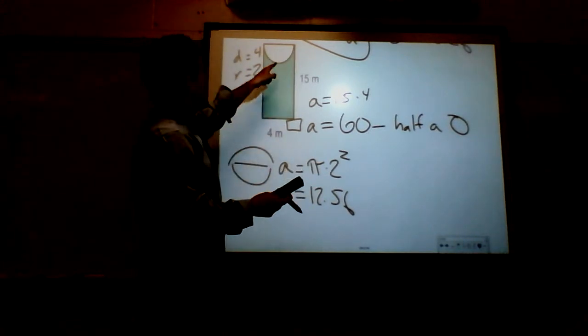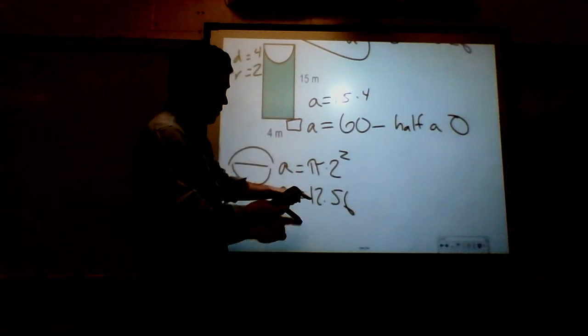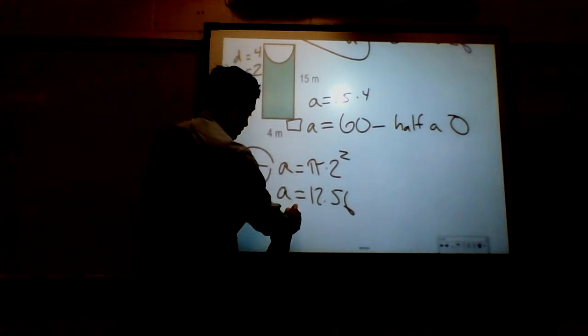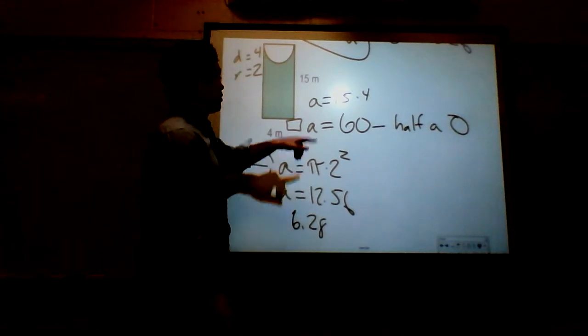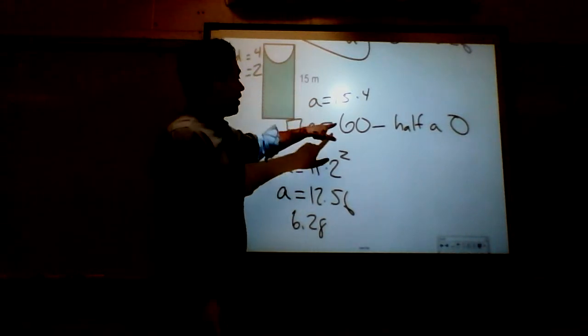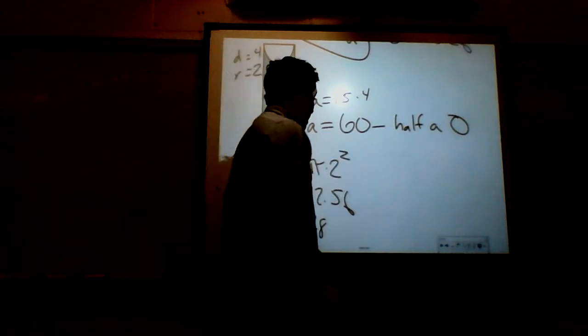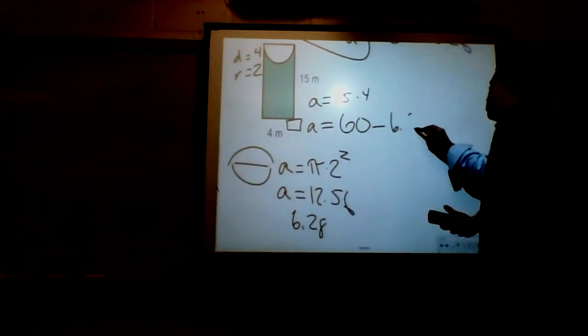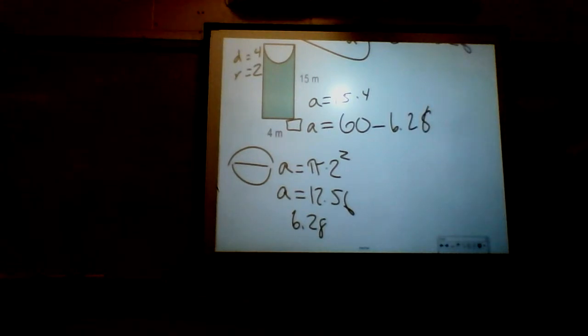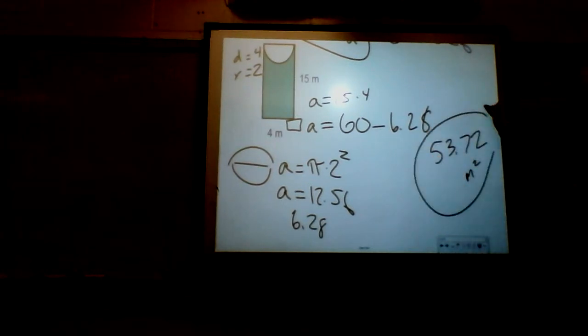But we only have half of a circle. So we're going to divide this number in half and get 6.28. To determine the area of the shaded region, we have the whole area, which is 60, minus that half of the circle, which we just found to be 6.28. So 60 minus 6.28 gives us 53.72 meters squared.